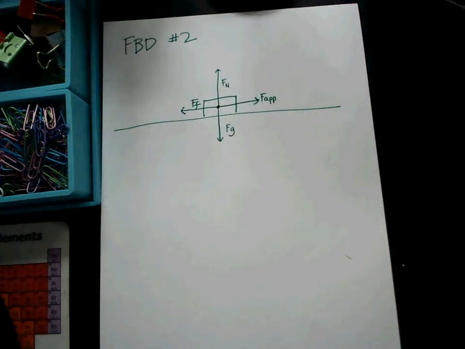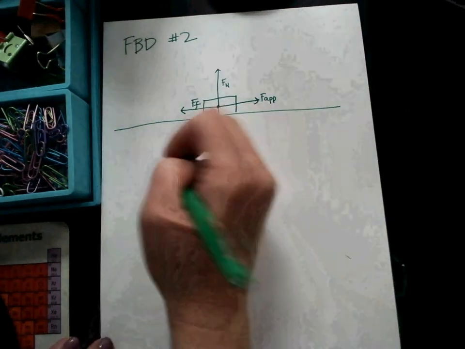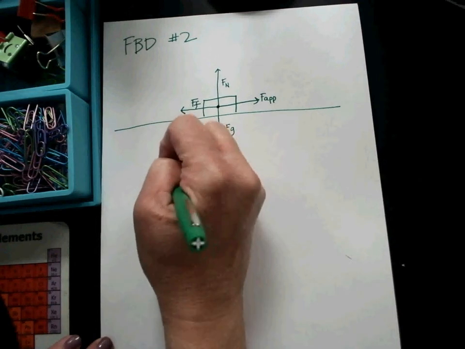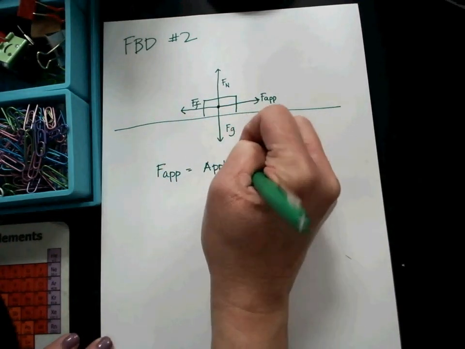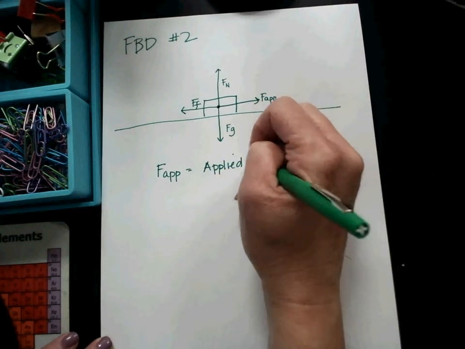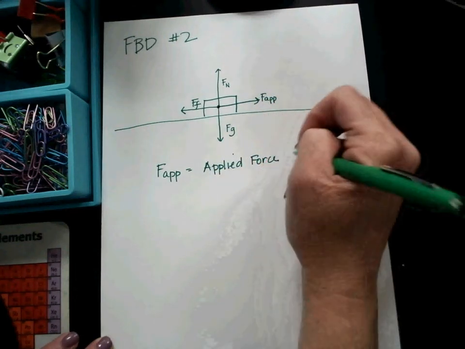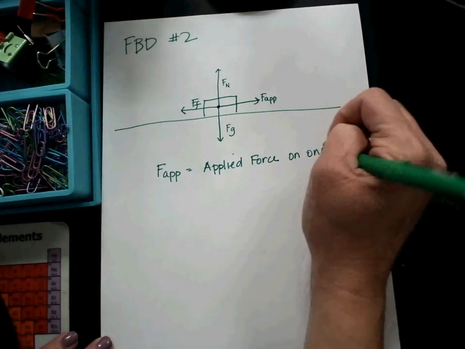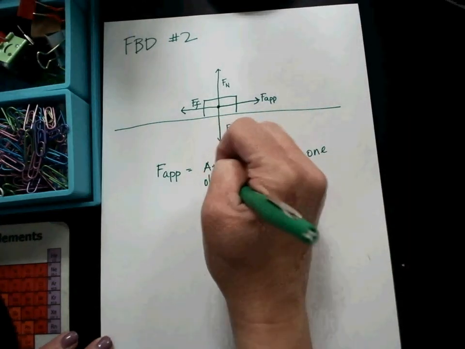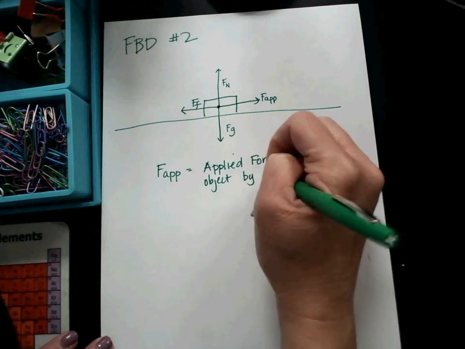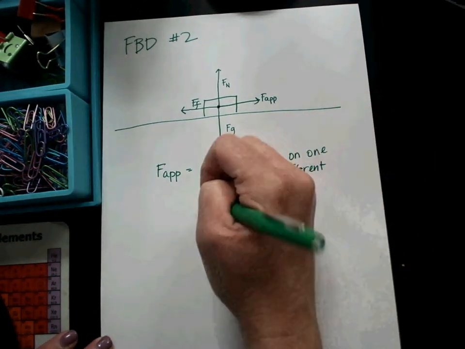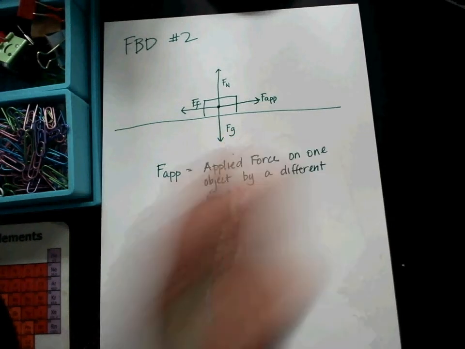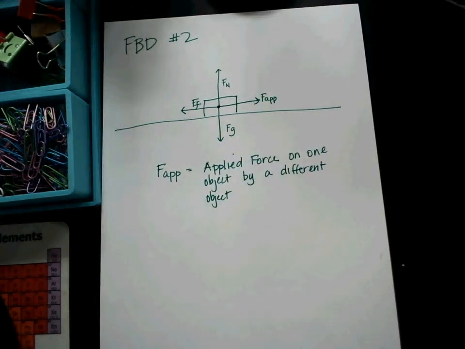I show my F sub F. This F at equals an applied force, I'm going to say, on one object by a different object. It could be a wall the car is slamming into, whatever.